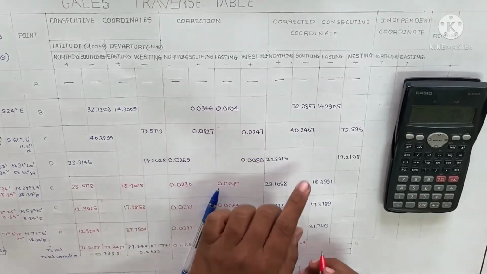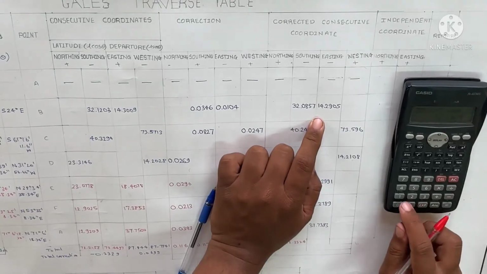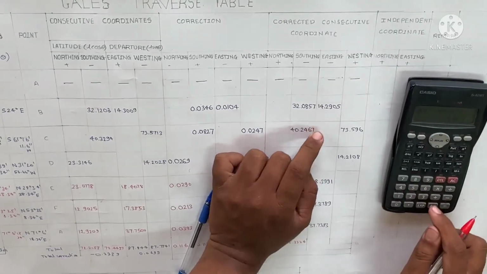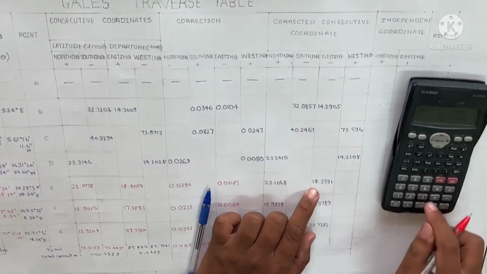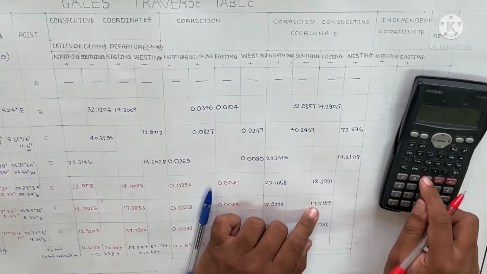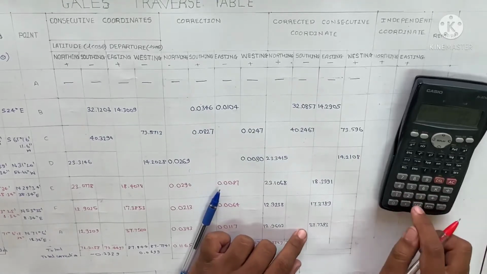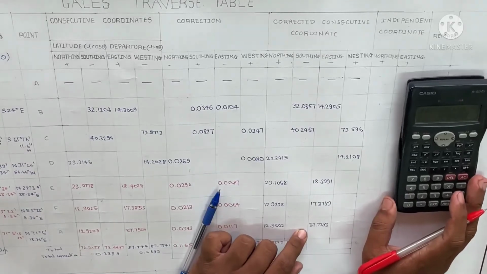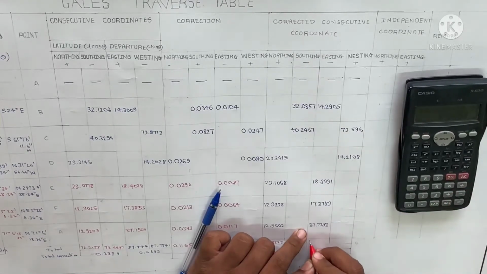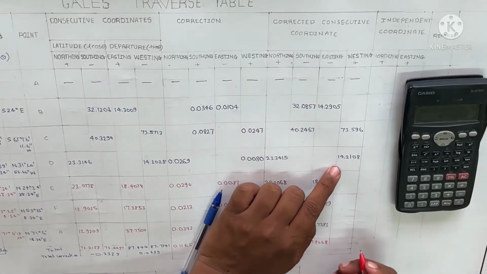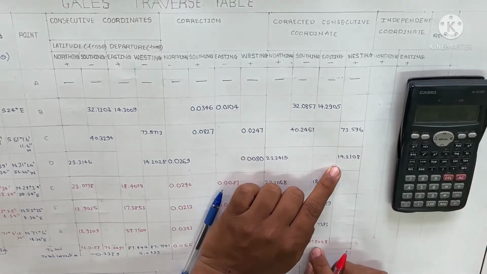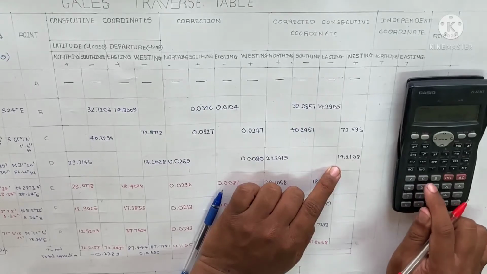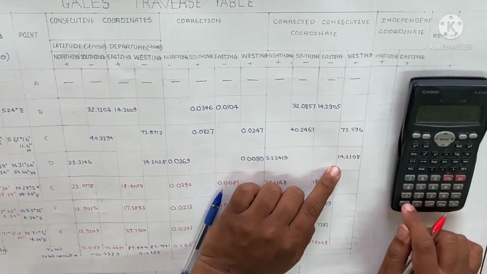Correspondingly, the summation of easting: 14.2905 plus 18.3991 plus 17.3789 plus 37.7383, that comes out to be 87.8068. Again the summation of westing should come out equal to the summation of easting, that is 73.596 plus 14.2108.